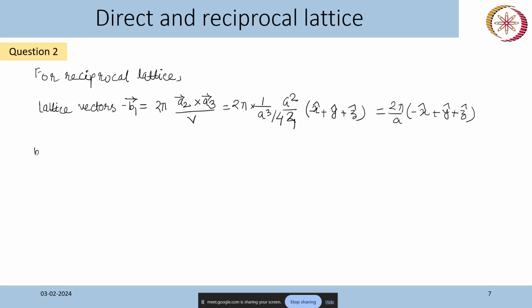Similarly, B2 will be 2 pi A3 cross A1 by volume.